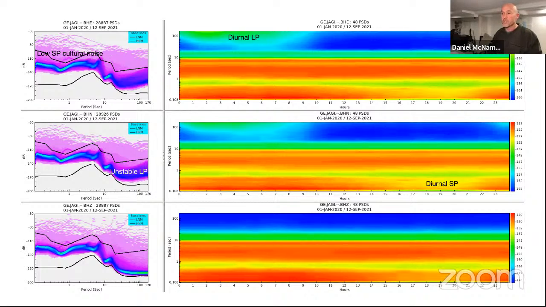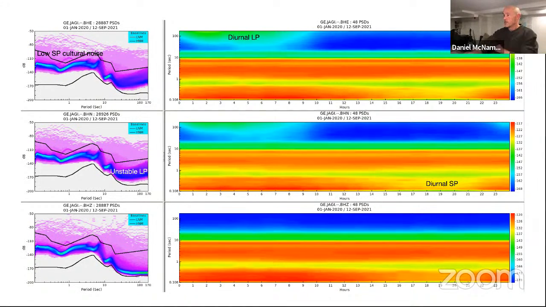This is a fairly good station at the short periods. Again, probably located relatively far from a road or from a city or active places where humans are active and going about their business. Okay. Again, very similar. Most of the stations have this long period tilting issue.